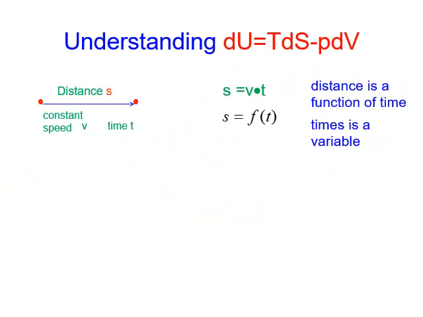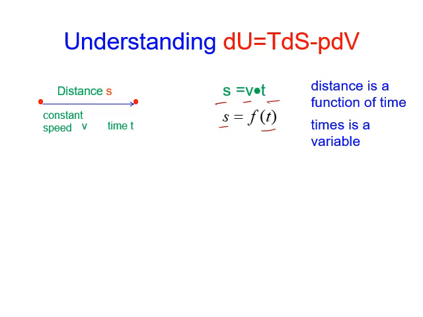Let's compare internal energy with the familiar function distance. In physics, you learned that distance equals speed times time. And therefore, we say distance is a function of time because it changes with time.